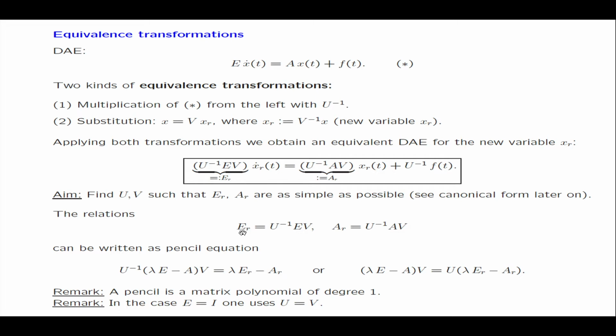The new E and the new A are given by these formulas, and this can be written as one formula for the pencil. We can reorder terms a bit by multiplying U to the right-hand side, and then we have this equation. And a final remark: if E is the identity matrix, then one uses equal matrices on both sides.